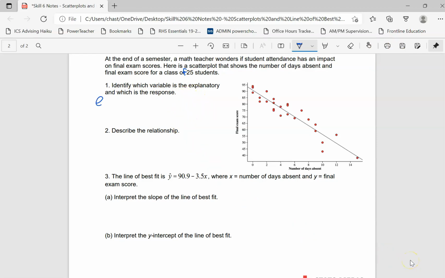The explanatory variable is going to be the number of days absent. And the result from that would be the response variable, and that's going to be the final exam score.